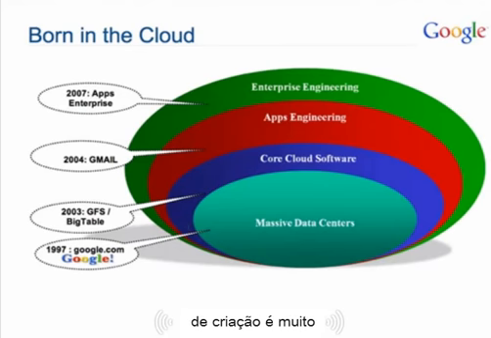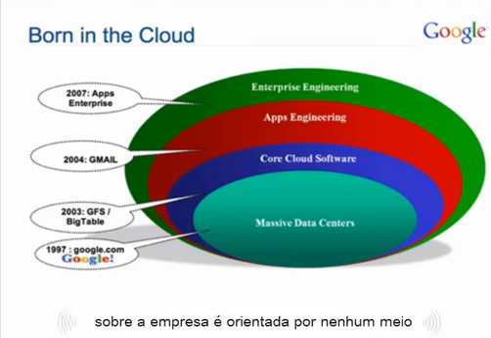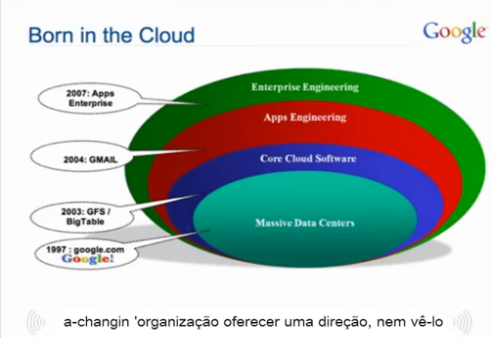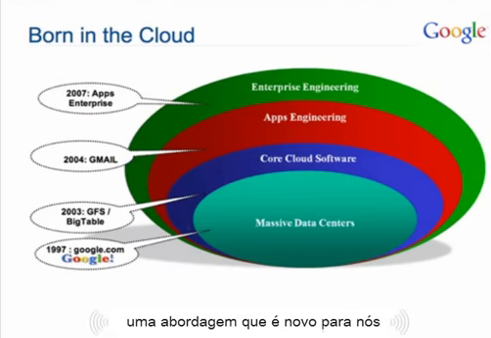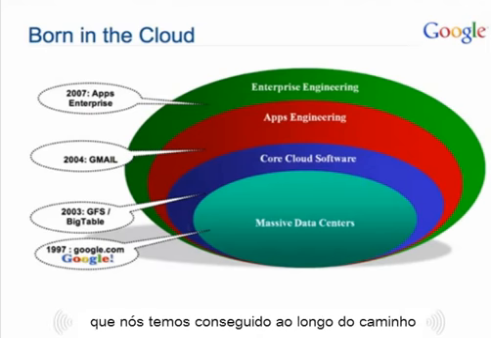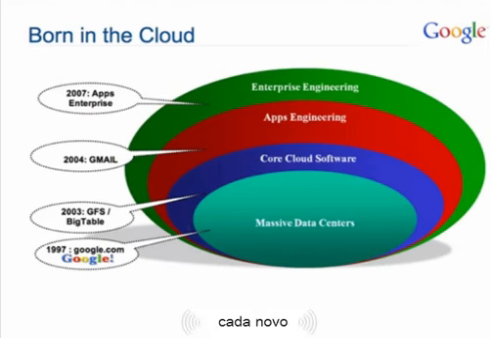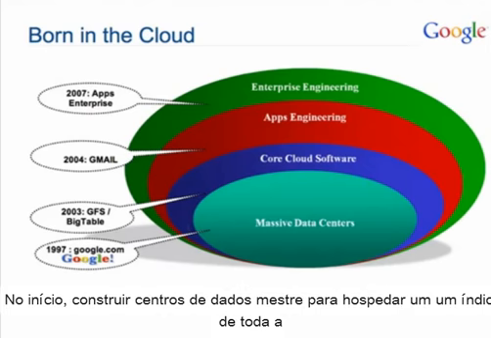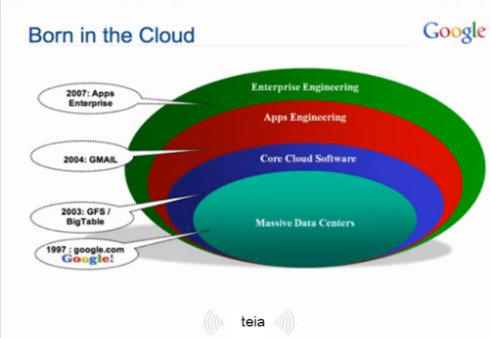consider that from its very inception, Google has always been a cloud-oriented company. It's by no means a change in direction of our organization, nor is it an approach that's new to us. In fact, if you take a moment to consider the major milestones that we've accomplished along the way, I think you'll agree with me that every new stage of development takes advantage of work that was done in the past. For example, in the beginning, we built massive data centers to host an index of the entire web.